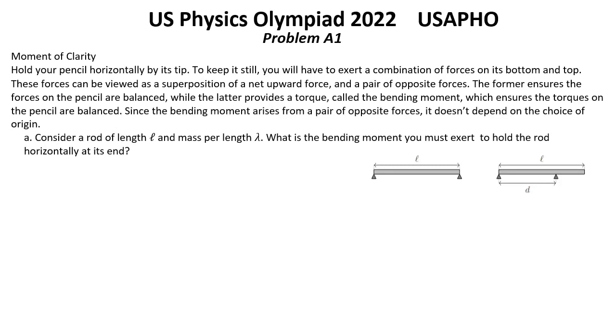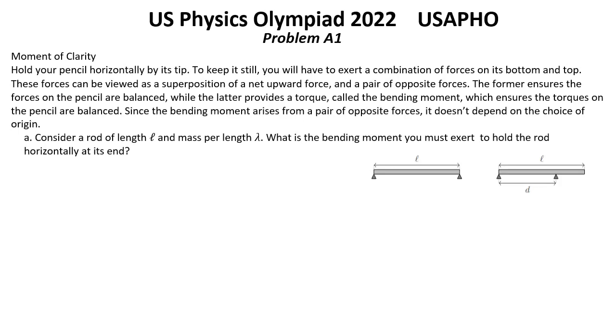Solution for problem A1. Solution for question A. Consider a rod of length L and mass per length lambda. What is the bending moment you must exert to hold the rod horizontally at its end? Solution. Balance torques about the end of the rod.